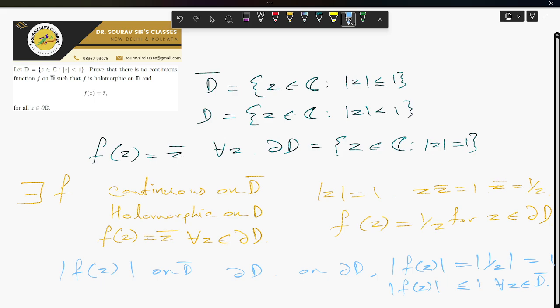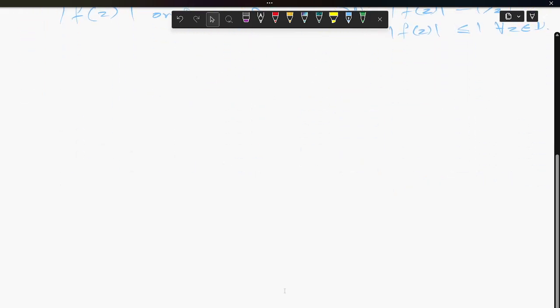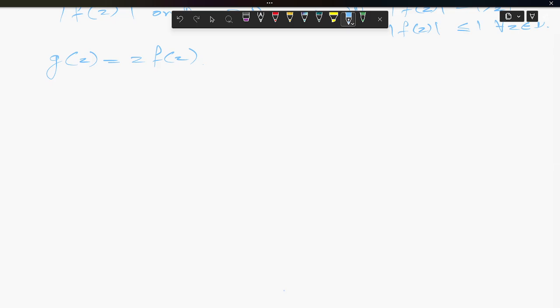Now we are going to consider the function g of z equals z f z. Then g is holomorphic on D, since f is holomorphic and z is also holomorphic. g is continuous on D bar, and on the boundary del D, our g of z is z into 1 by z, so that will be 1.